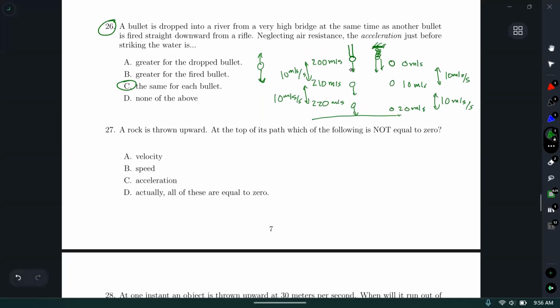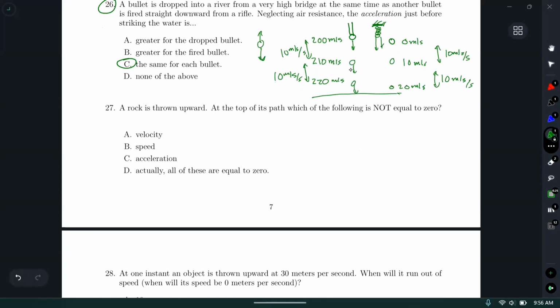All right, let's see. A rock is thrown upward. Which is not 0 at the top of the path? Which one do you know for sure is 0?